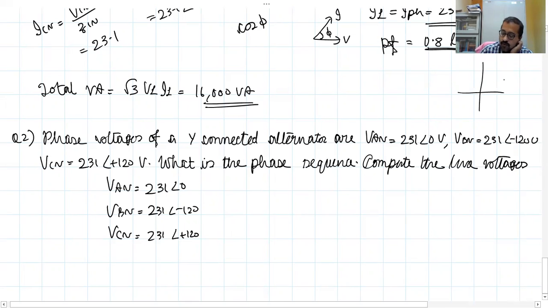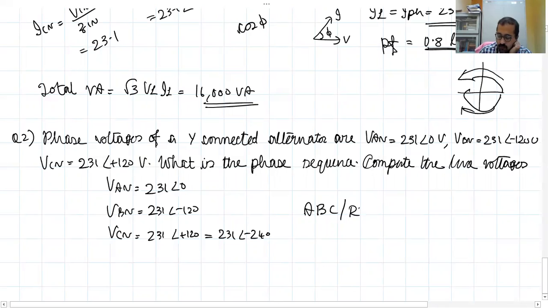See, moving in the anti-clockwise direction is positive and clockwise direction is negative. So plus 120 is the same as minus 240. I can write this as 231 angle minus 240. Now you tell me what is the phase sequence? It is ABC phase sequence, or RYB, or positive phase sequence.